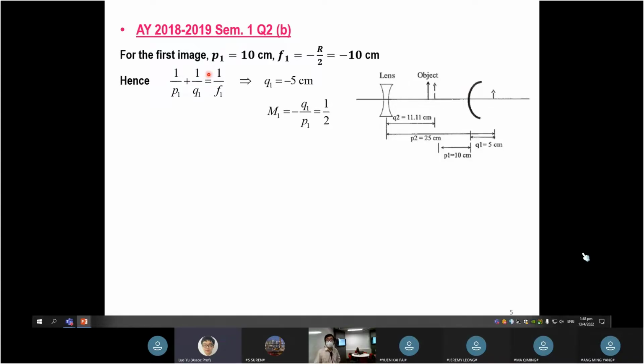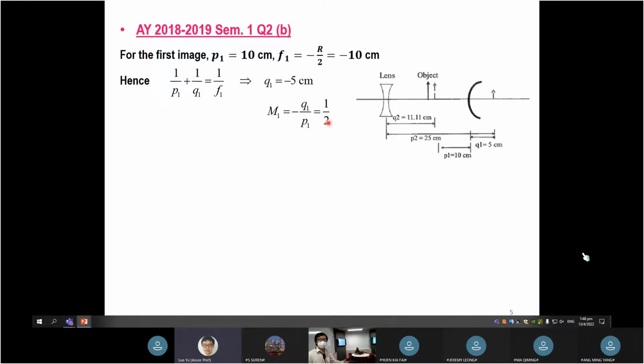F1 and P1 are given. I apply the first image equation, 1 divided by P1 plus 1 divided by Q1 equals 1 divided by F1. This quickly gives us Q1 equal to minus 5 centimeters, with a corresponding magnification equal to minus Q1 divided by P1, which is 1 divided by 2.